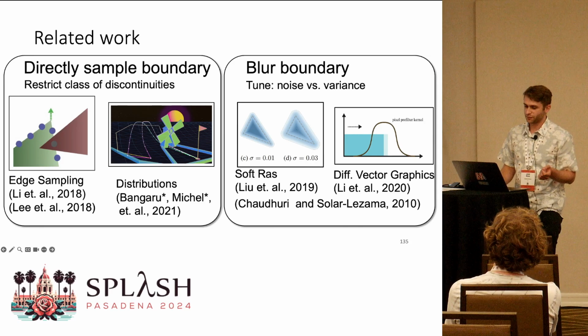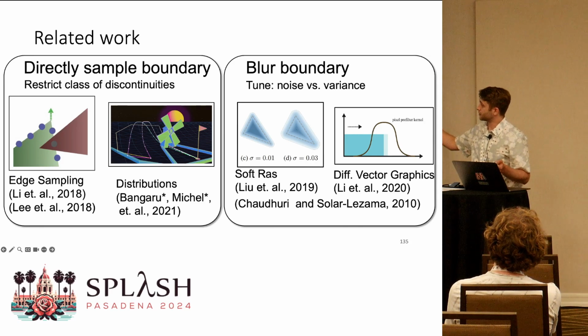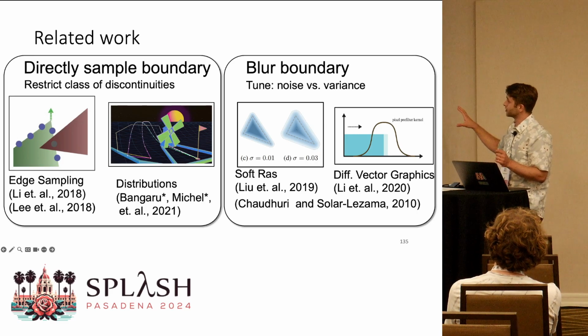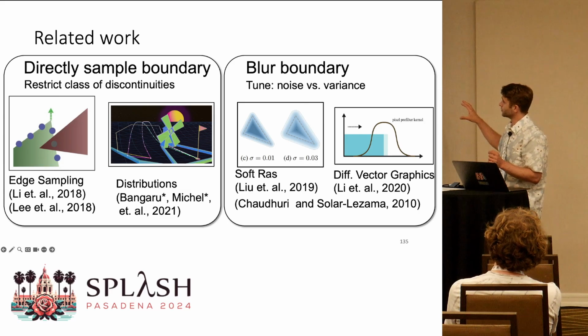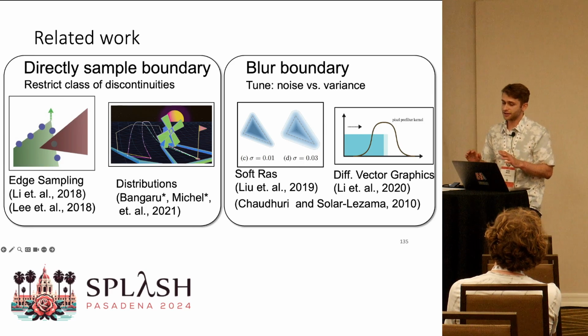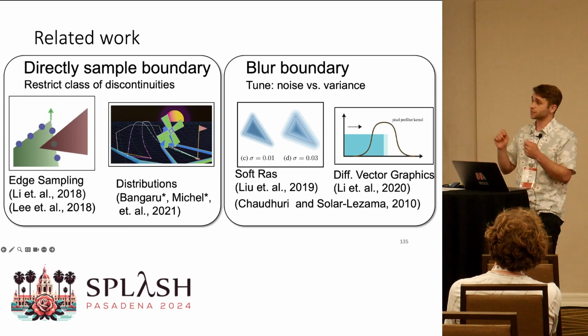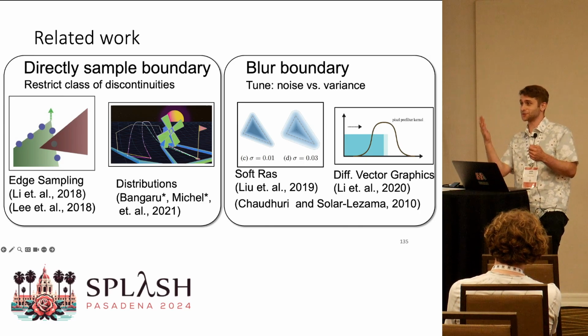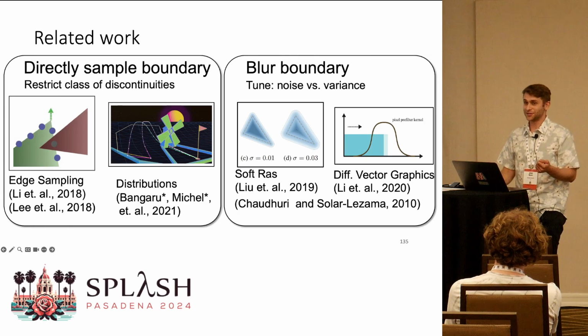And finally, there's some related work, which is previous work that I did with co-authors. And the idea is to directly sample these boundaries. And then there's another line of work that blurs out the discontinuities. And the issue is you need to tune some parameter. And it's really hard to prove correct because you're changing your spec before you differentiate, right?